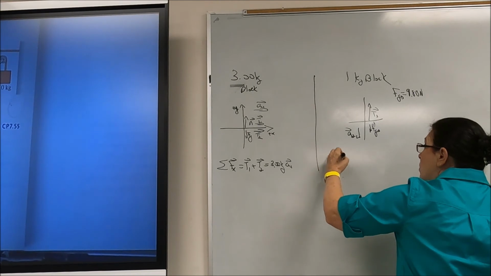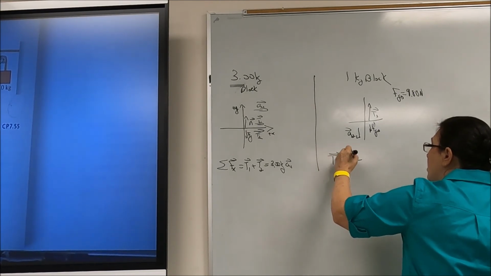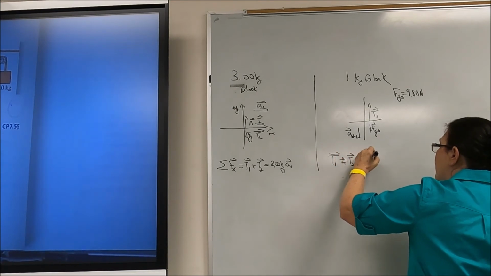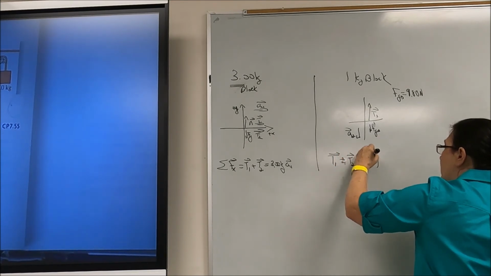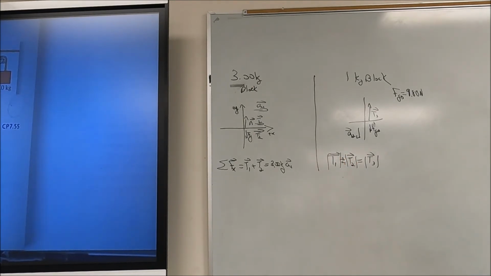Now, I know T1 has to equal in magnitude T2, which has to equal in magnitude T3, because it's all the same rope. Okay?